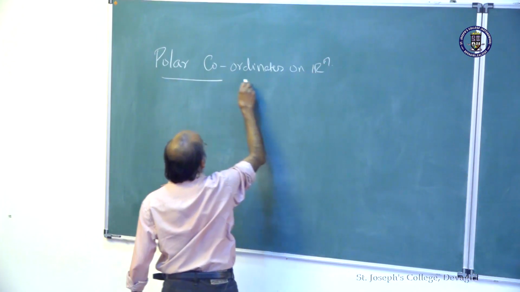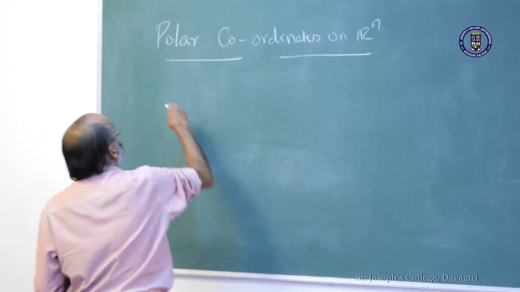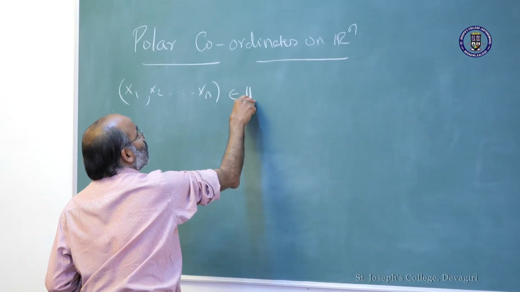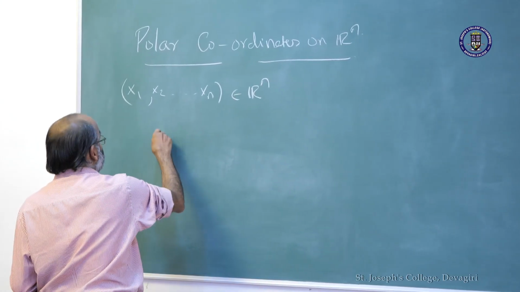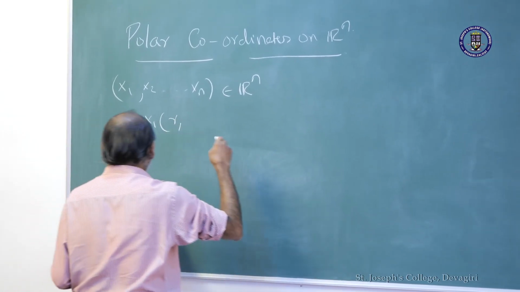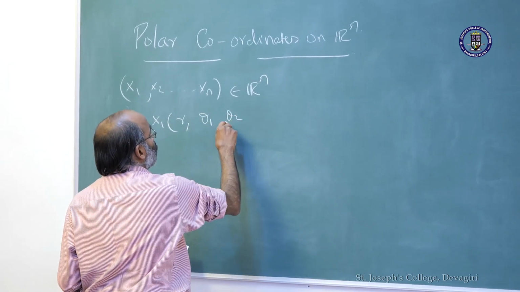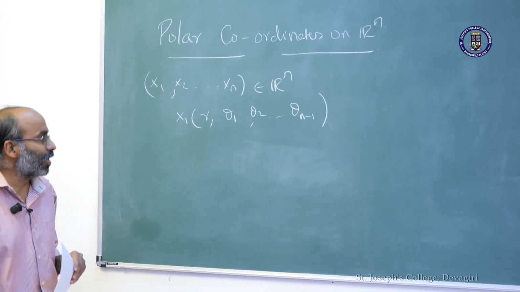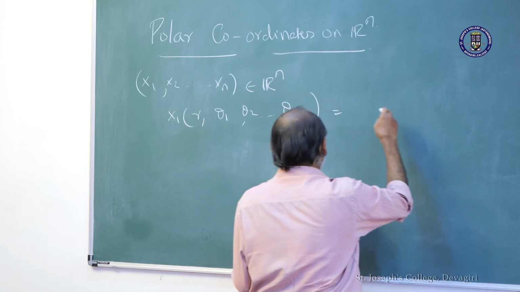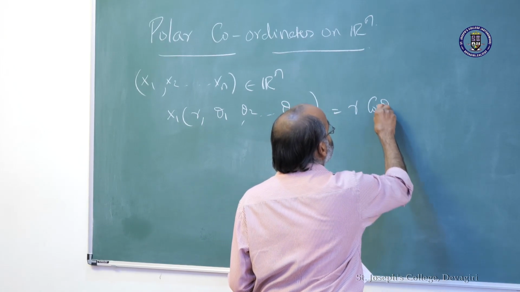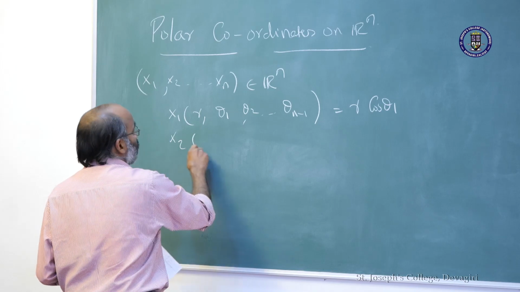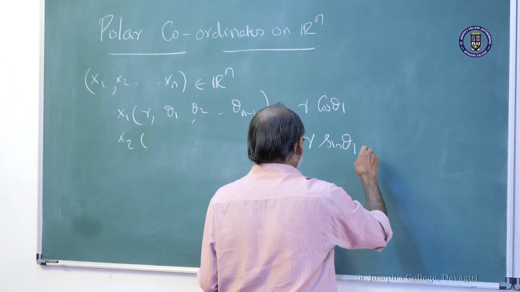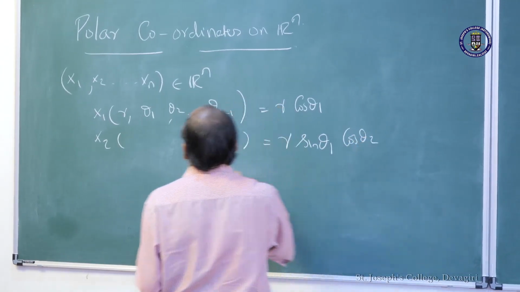We have a point in Rn, and you transform this into r, theta 1, theta 2, etc., up to theta n minus 1, so n functions. So x1 is written as r cos theta 1. x2 is equal to r sin theta 1 cos theta 2, etc.